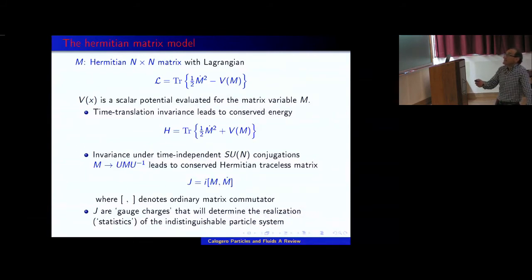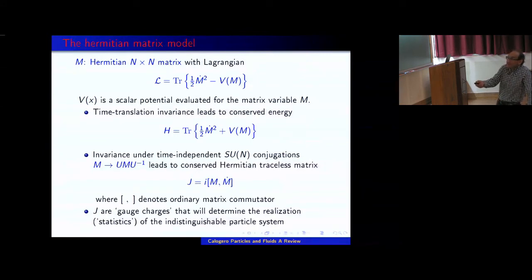Well, clearly this has time translation as an invariance, and that leads to a conserved quantity viewed as a Lagrangian system, which is the Hamiltonian, the energy, kinetic plus potential, exactly the same as in a free particle. But it is also invariant under time-independent conjugations of that matrix, because if you conjugate that matrix M, and given that this potential is a scalar potential, the conjugation matrices will come on either side, and the trace will be invariant.